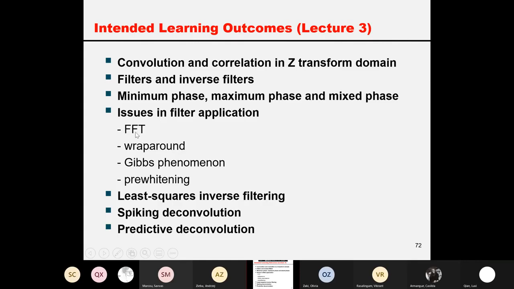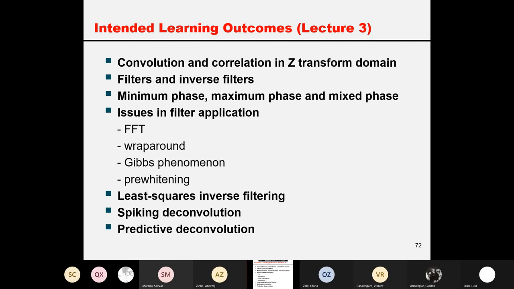For the fast Fourier transform, you need zero padding to make the total length a power of 2. Zero padding also tries to avoid the wraparound, because in the Fourier transform there's an assumption implicitly. You assume that your seismic sequence is periodic, right?